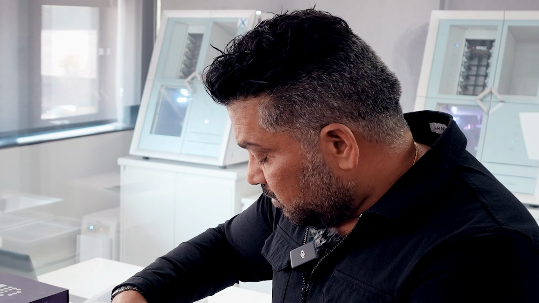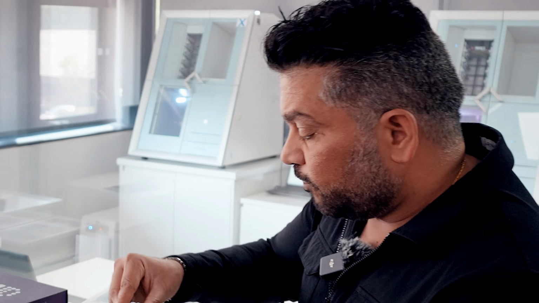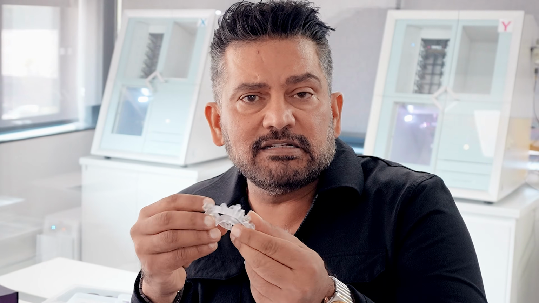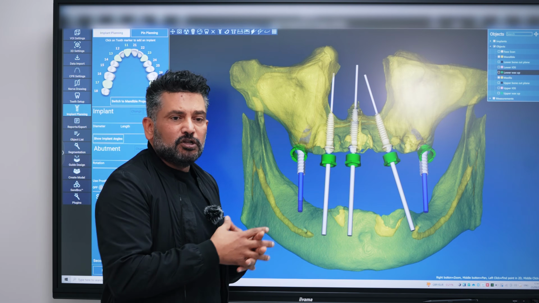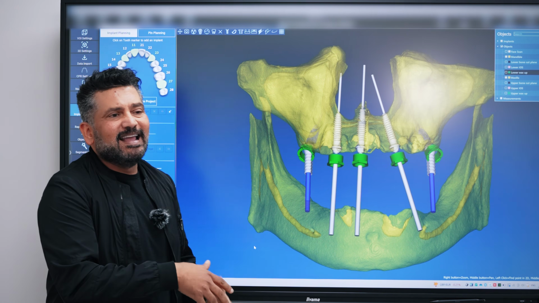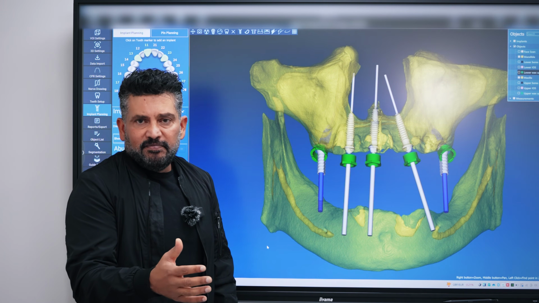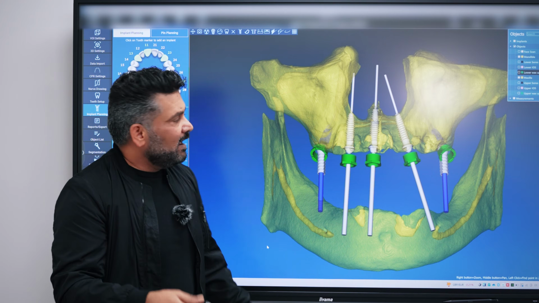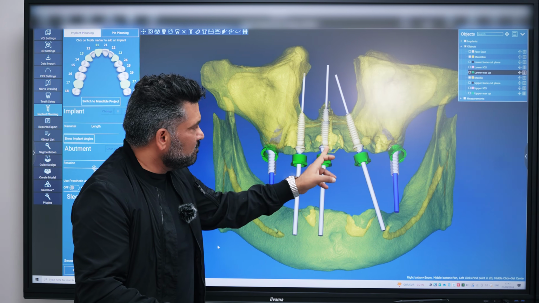So this, for example, is one of our surgical guides. It usually comes in 2 parts, and they're highly precise and custom made for every single patient. Apart from the fact that it's a lot less traumatic for the patient, it's much faster than freehand, and it's very predictable in the positions.